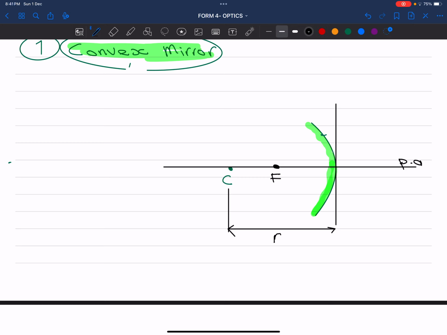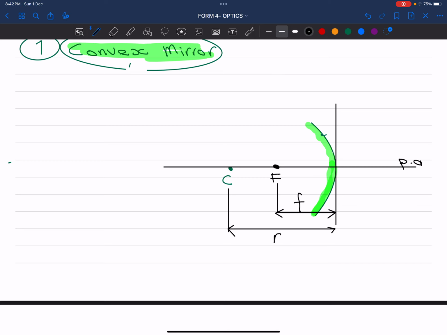Next, the distance between the focal point to the vertical line is called the focal length, small f.